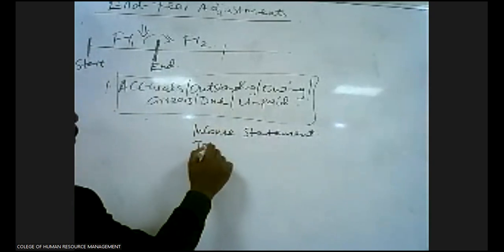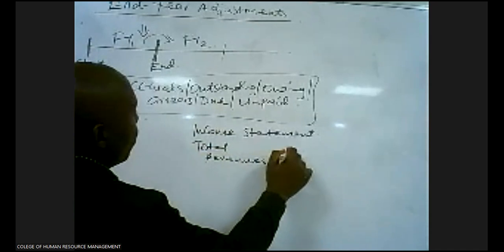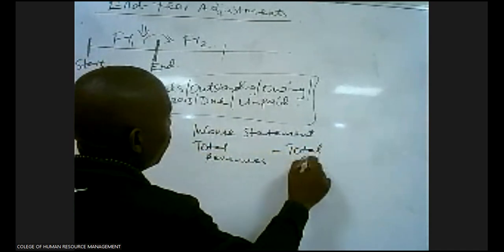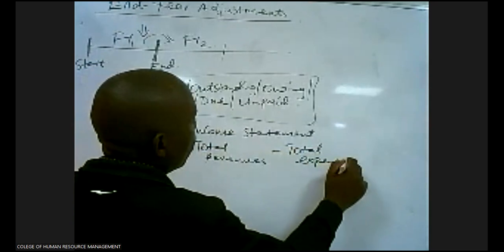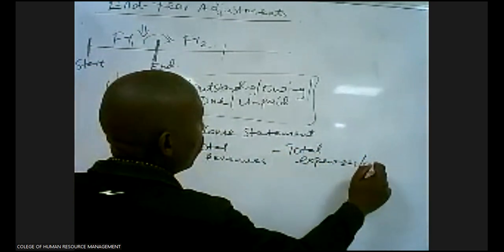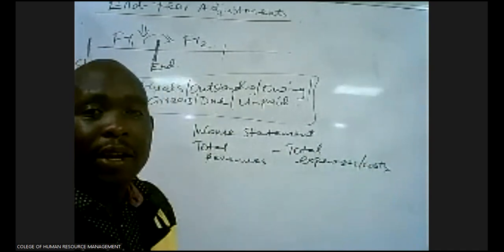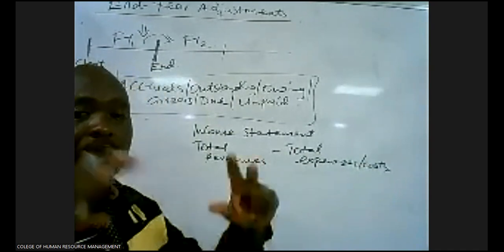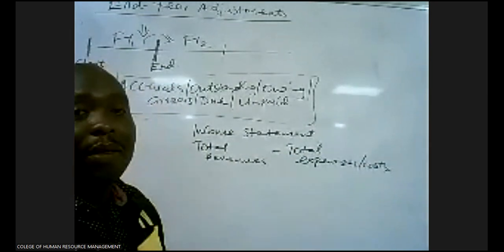So here, we consider the total revenues minus the total expenses or costs. When we are preparing the income statement, we normally consider all the incomes, all the expenses.